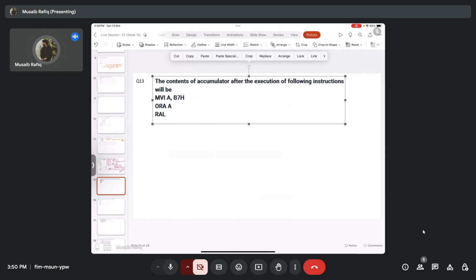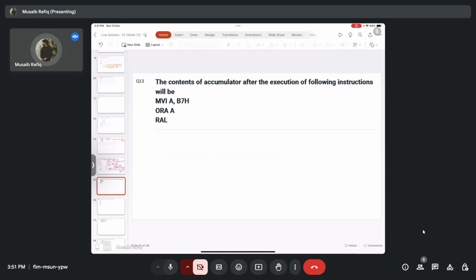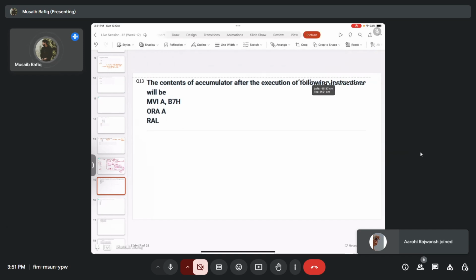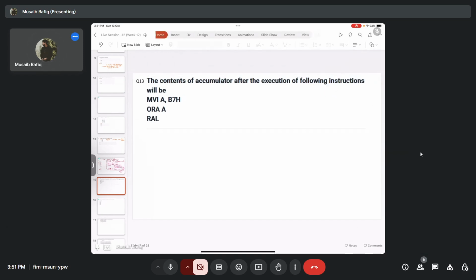Now I have this question which states that the contents of accumulator after the execution of the following instructions will be. So I'll just read the question once again. The program is MVI A, B7 hex, ORA, RAL.